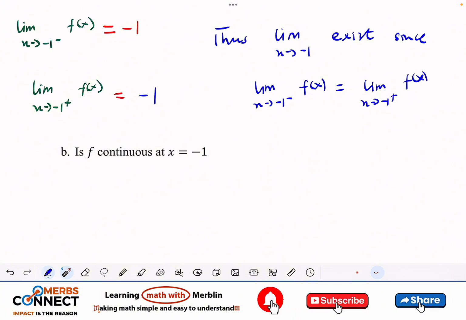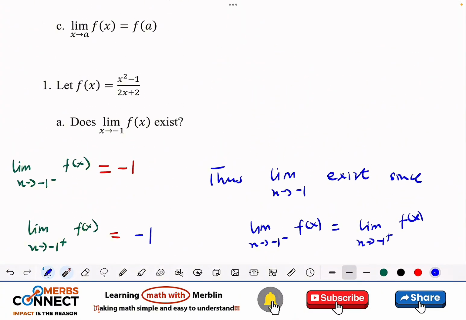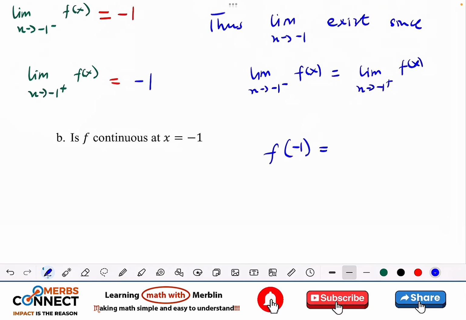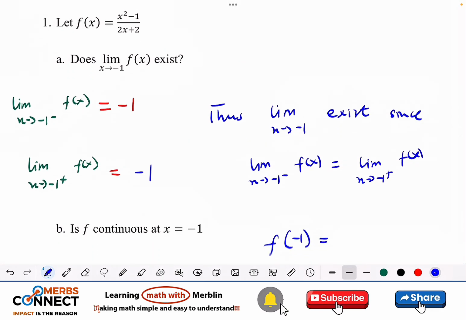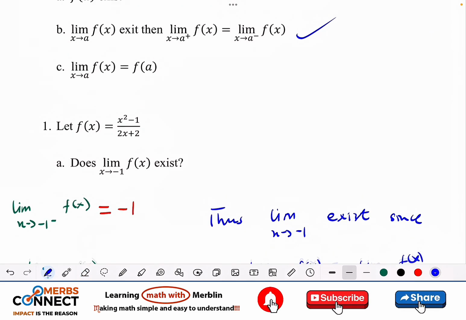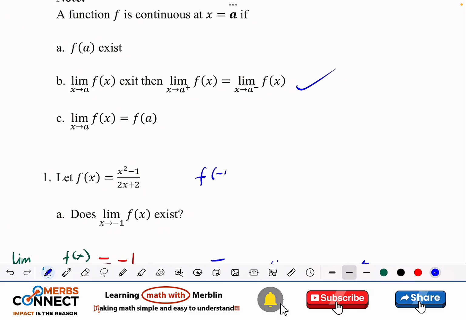So we need to find f of what is here. We need to assume that x is equal to -1 and plug it in. So what is f of x? Let me do it up here. So this is f of -1.